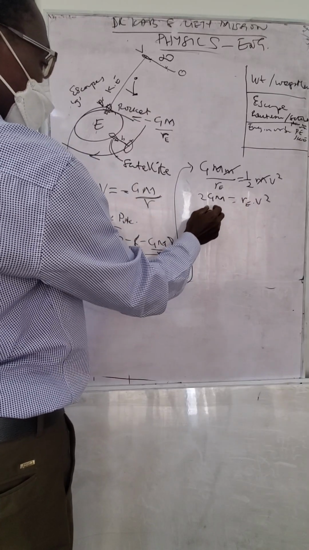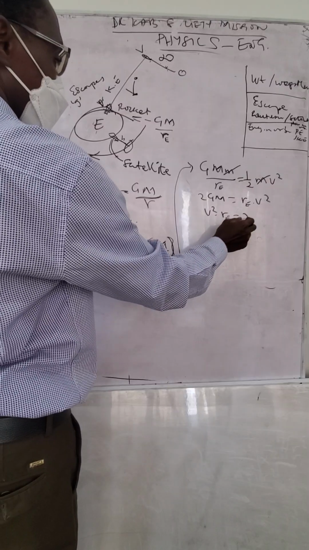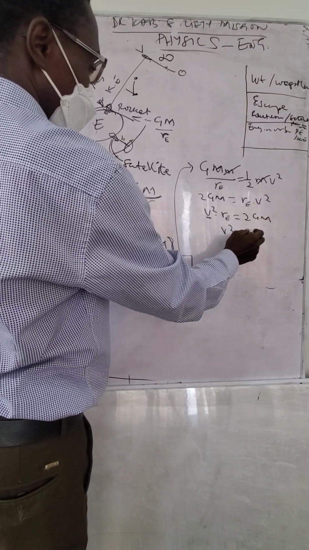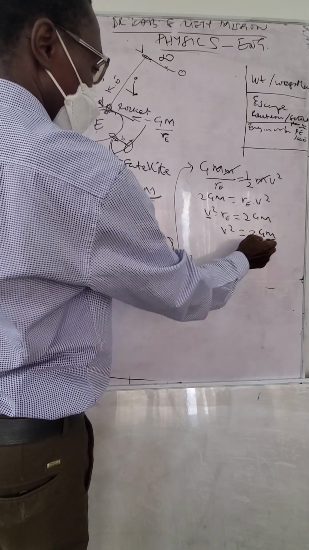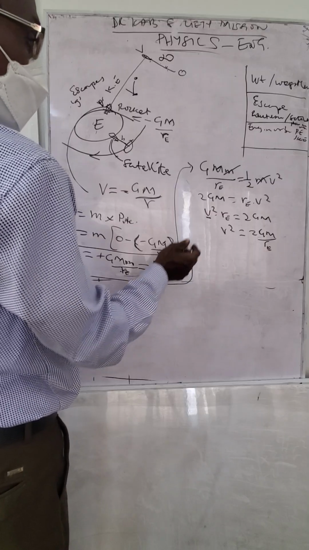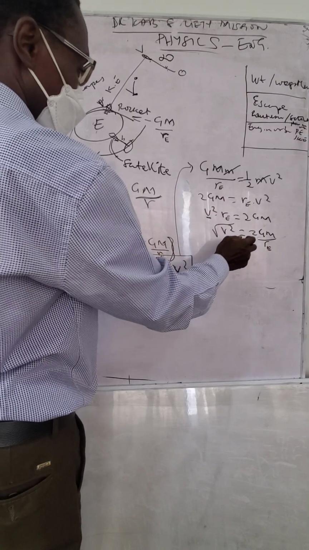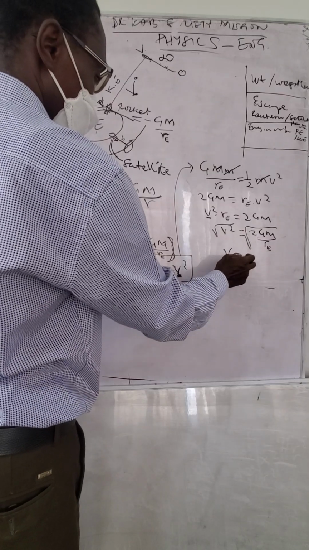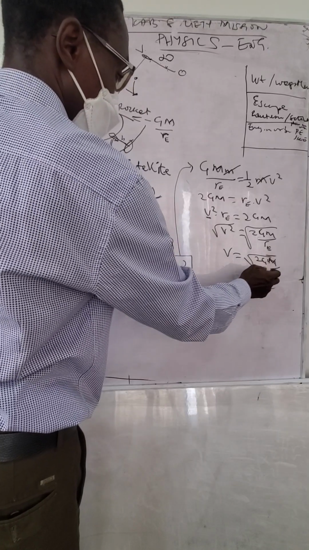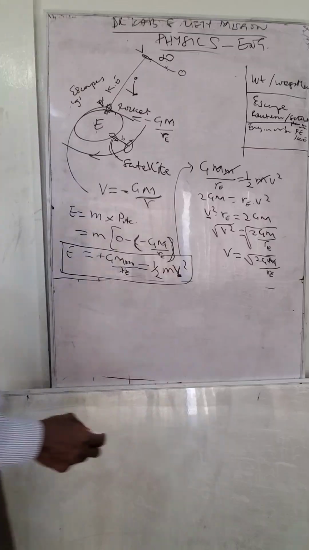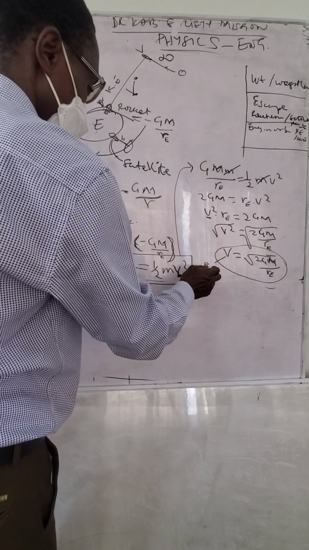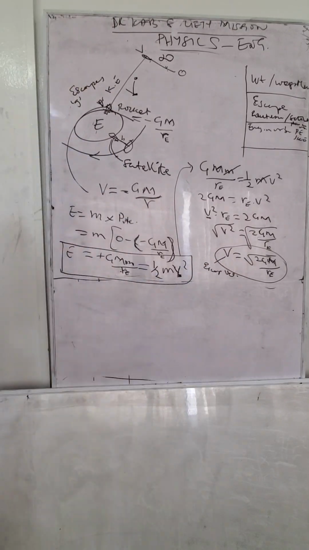Let's write it as v squared R_E is equal to 2GM. Then making v squared the subject, it is going to be 2GM over R_E. Here, we have to find the square root of that and the square root of this, so that v is equal to the square root of 2GM over R_E. Right, so you see that this is what we call the escape velocity. That's the expression for it.